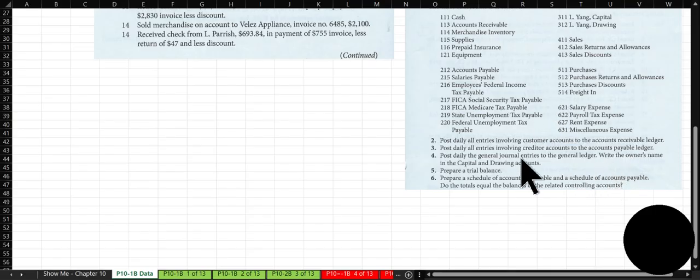Which means, as you know by now, that in the general ledger you have the control accounts, which you can see here. This is the control account for the accounts receivable subsidiary ledger, and this would be the control account for the accounts payable subsidiary ledger.